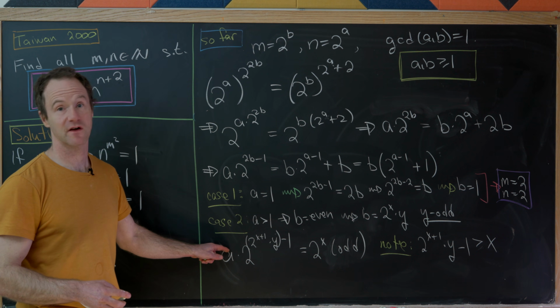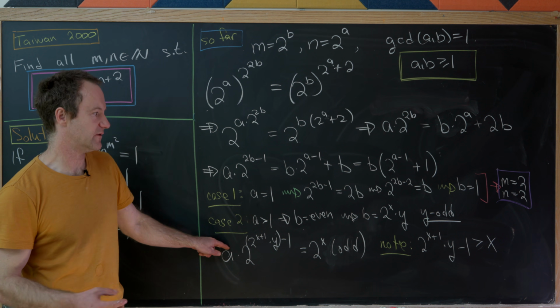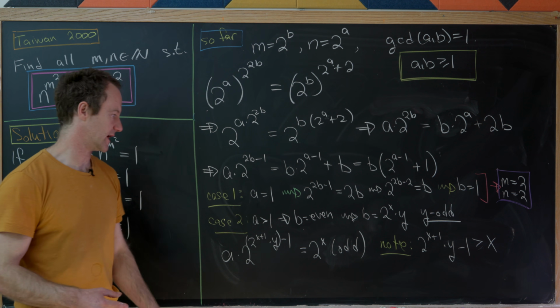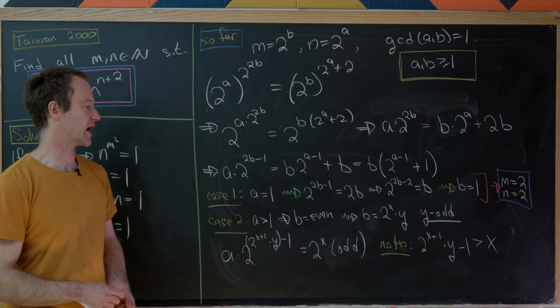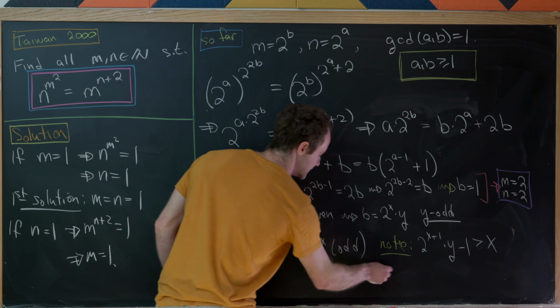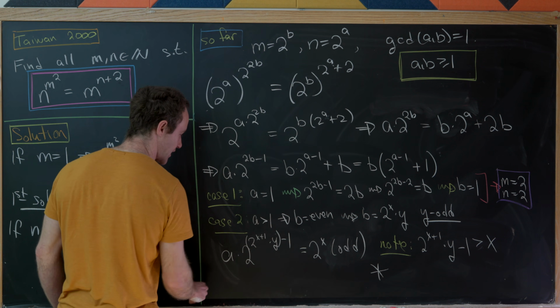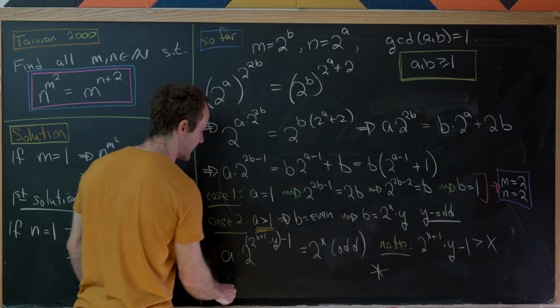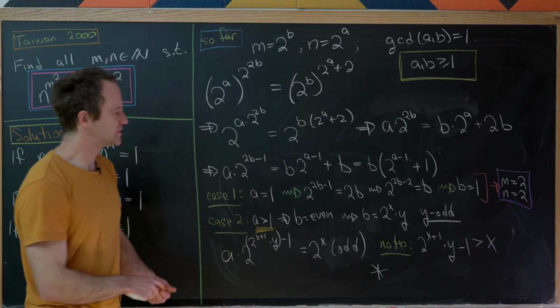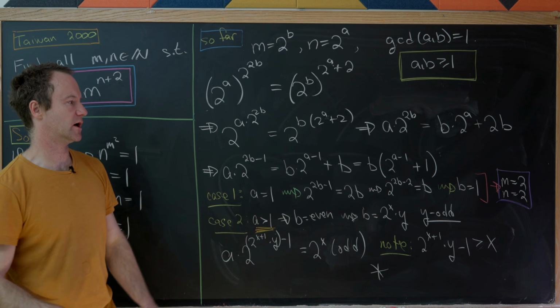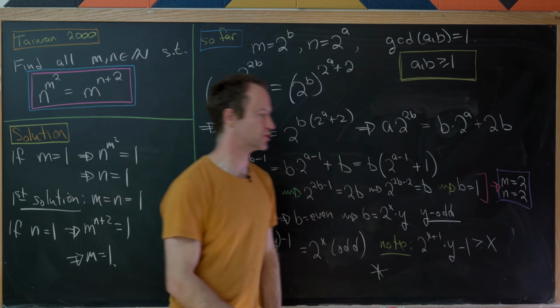But then that means that the left-hand side has more even factors than the right-hand side. But that's impossible if we've got an equation, so that brings us to this contradiction. So we've contradicted the possibility of a being bigger than 1, which means a really had to be equal to 1, which led us to this solution over here.